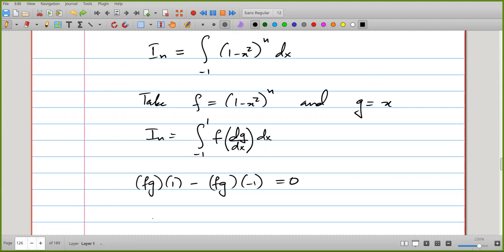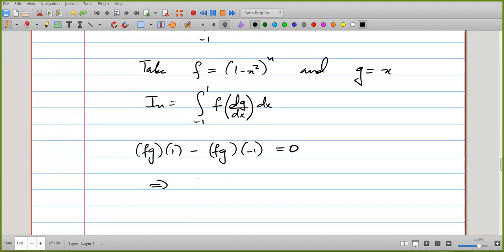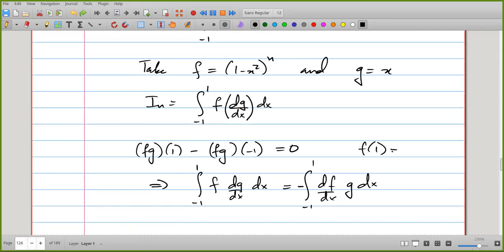If this happens, it implies the integral from minus 1 to 1 of f dg by dx is equal to minus the integral from minus 1 to 1 of df by dx times g dx, right? But here we have that f of 1 is equal to f of minus 1 is equal to 0, right? So therefore this condition applies.